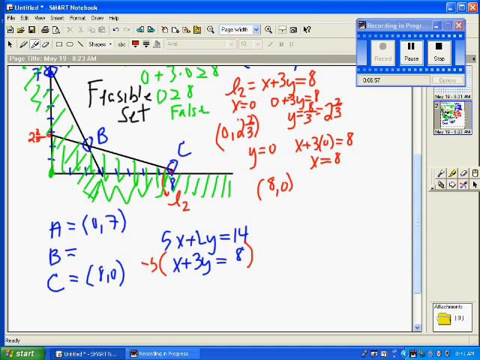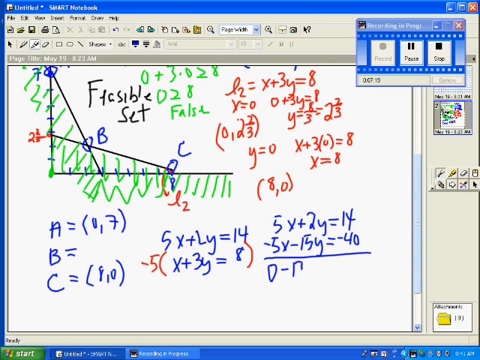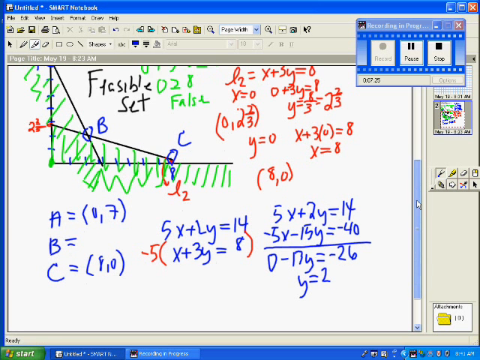I'm going to multiply the second equation by -5. So what I end up with is 5x plus 2y equals 14, and negative 5x minus 15y is equal to negative 40. And I can go ahead and find my ordered pair this way. I end up with negative 13y is equal to negative 26. So y must equal positive 2.